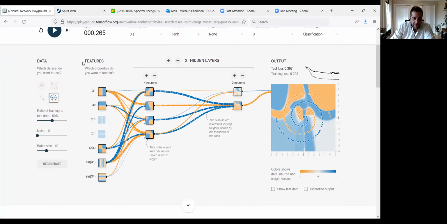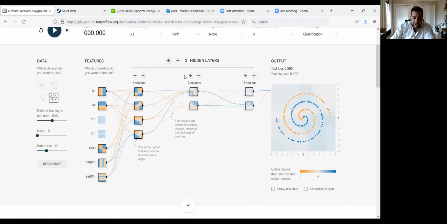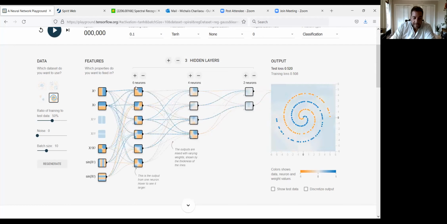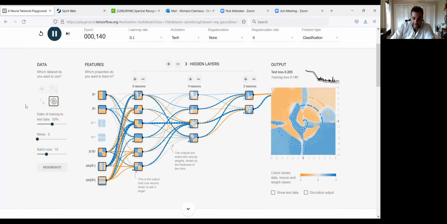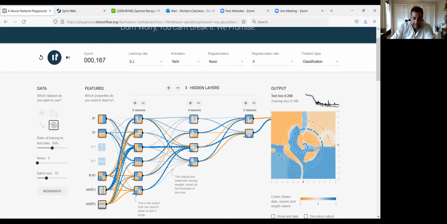Again, we go from input to output, and the whole process depends on the hidden layers, the number of neurons and so on. So what happens if I increase the number of layers and the number of neurons? It's trying to do something, but it's not really getting there.